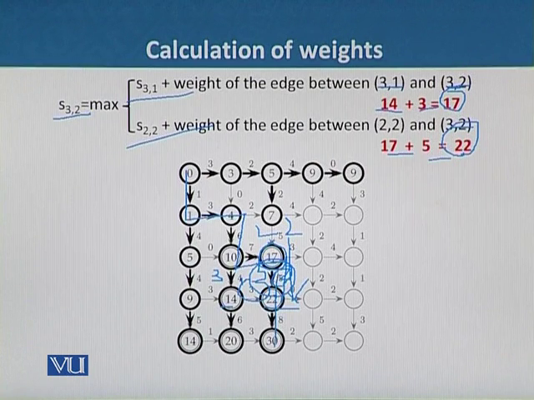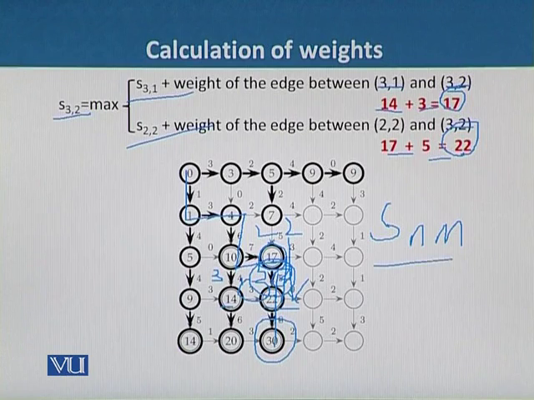It will reach here, and that will be the maximum value, and maximum value means S equals N M, and if this path is followed, it has a value of 30. It means this path will have the maximum number of tourist attractions, and by using this path tourists will see the maximum number of buildings and tourist places.